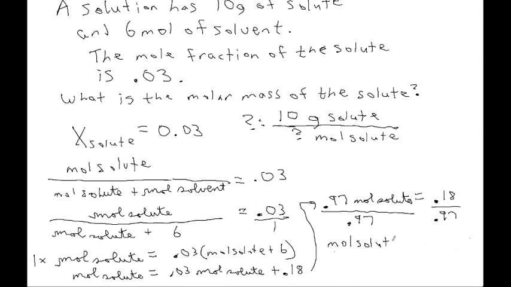It's important not to skip steps. 0.185. Let's see, yeah. On my calculator, it rounds out to 0.186. So we'll call that 0.186 moles of solute. And since we know our moles of solute now, then we can just take 10 grams of solute and divide by 0.186.